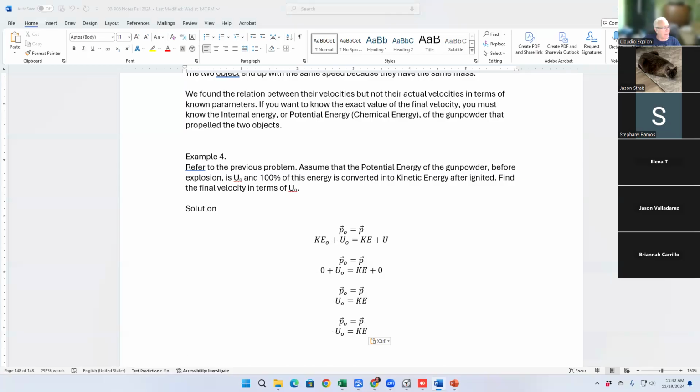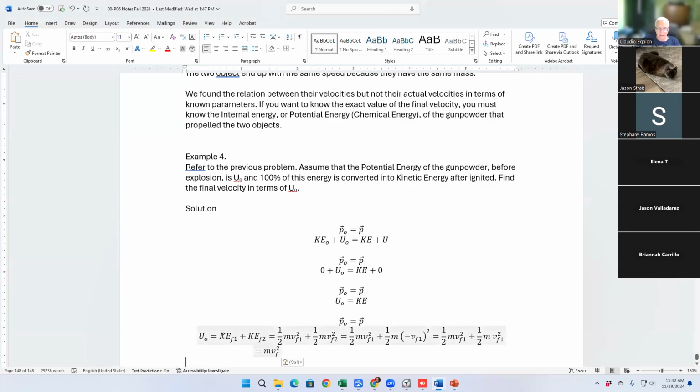Okay, the final kinetic energy is going to be the final kinetic energy of the first object plus the final kinetic energy of the second object. We found out that the final velocity of 2 is minus the final velocity of 1.